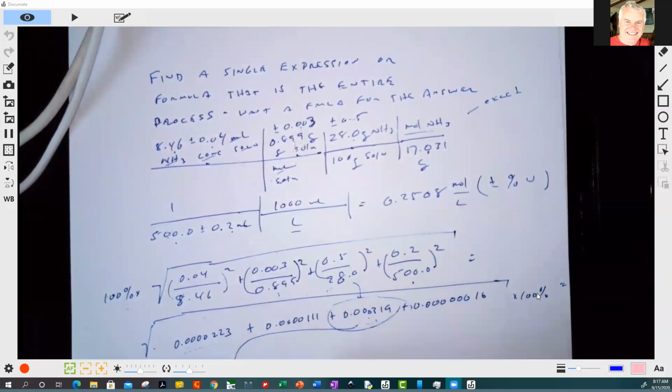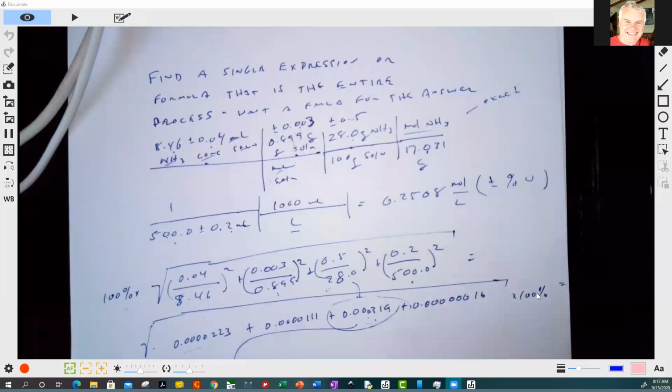It's a funny thing, right? And then this is times 100%. This is equal to 0.0188 times 100%, which is equal to 1.88%.